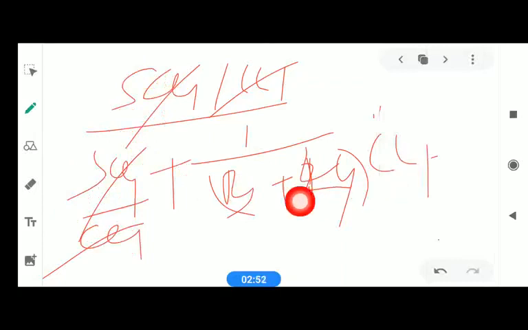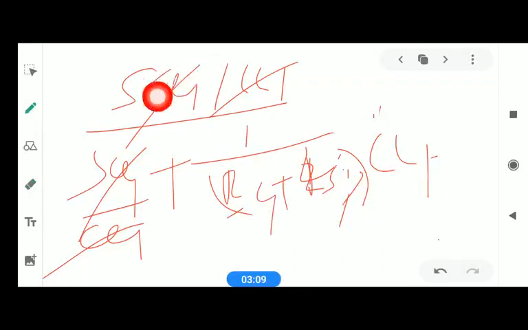Similarly here we will get 1 divided by RG plus R signal into CC1.